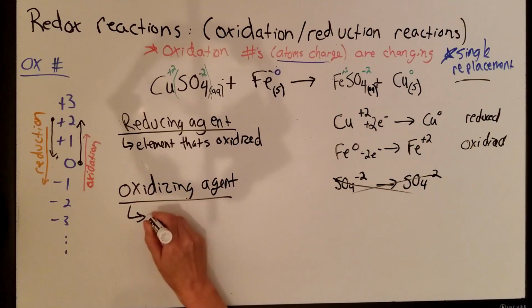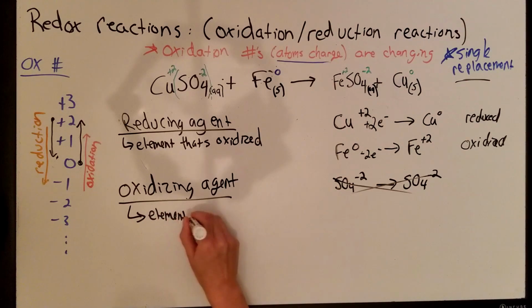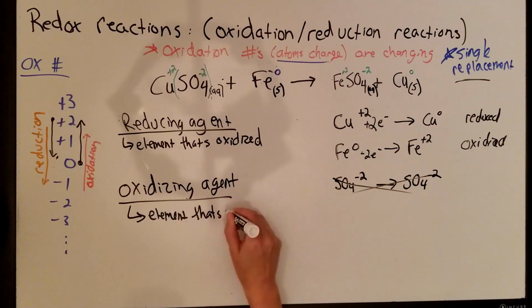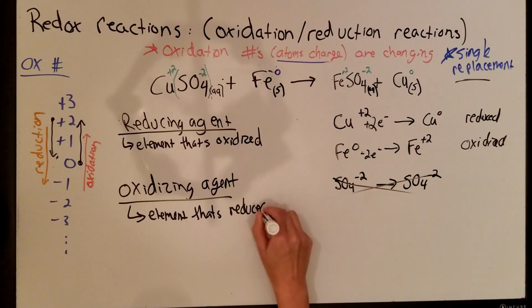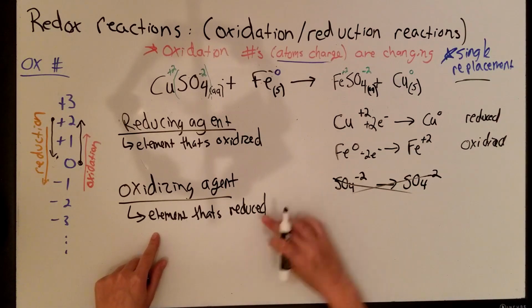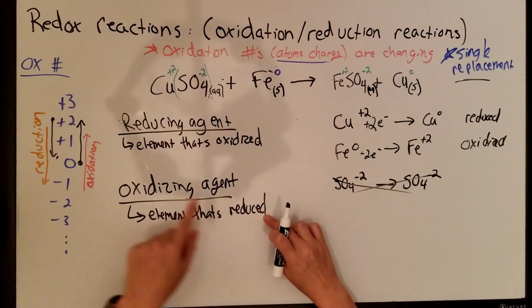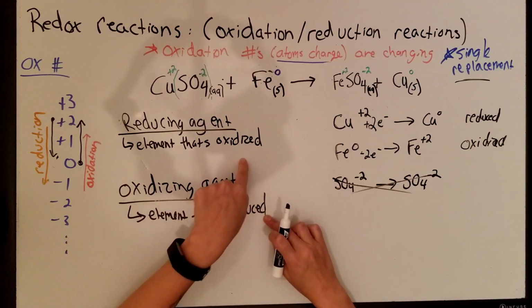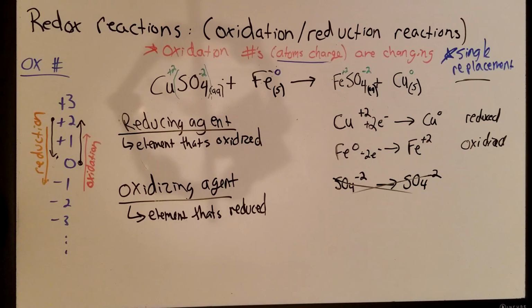The oxidizing agent is the element or compound that's been reduced. So this is why it's the opposite. The one that's reduced is the oxidizing agent. The one that's been oxidized is the reducing agent.